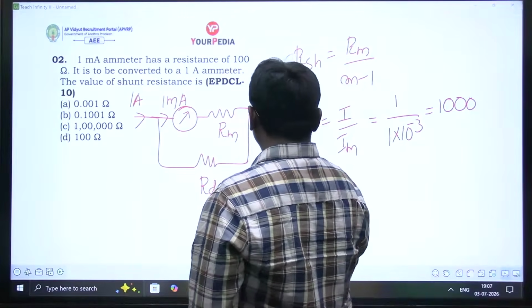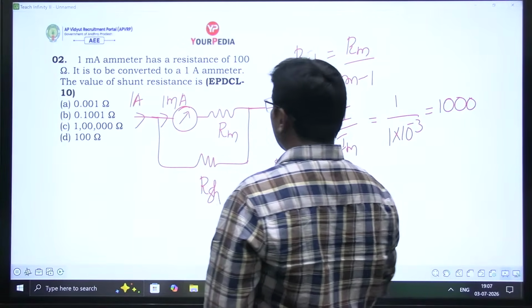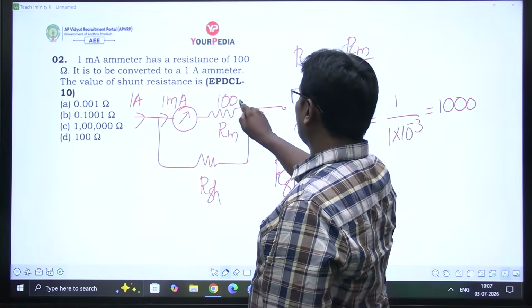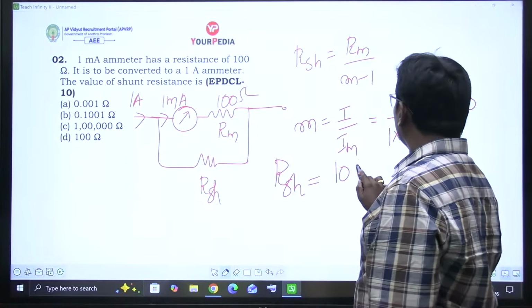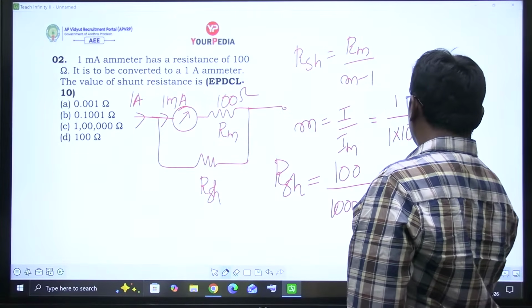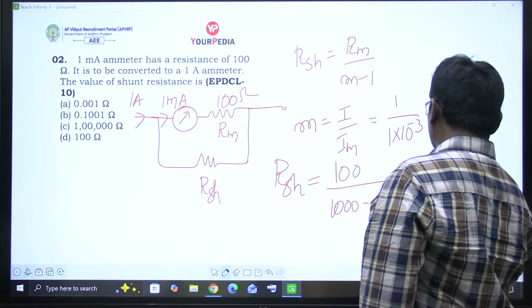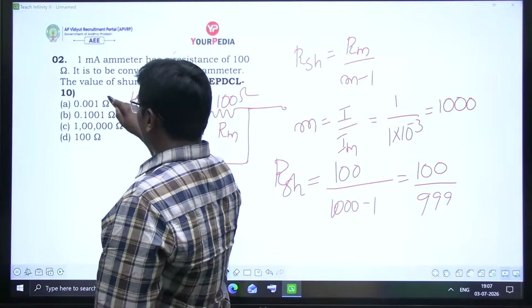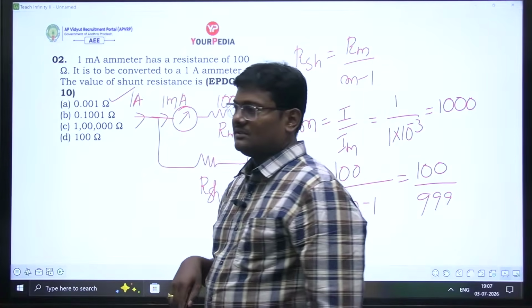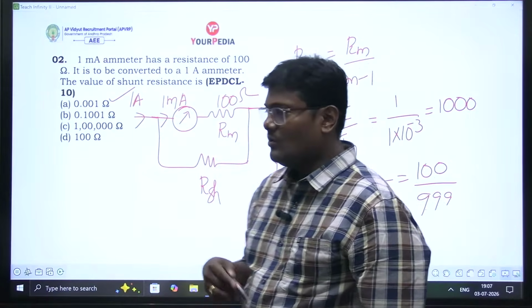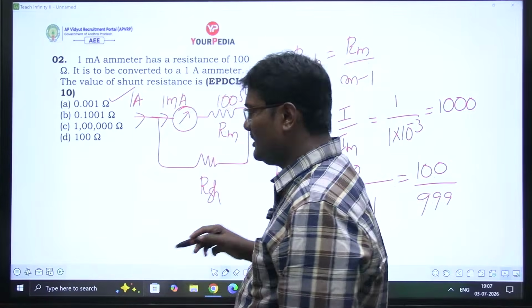RSH is equal to Rm, the meter resistance, which is 100 ohms, divided by 1000 minus 1. So 100 by 999, which is 0.1 ohm approximately. Obviously it is option A, 0.001 is the correct answer.